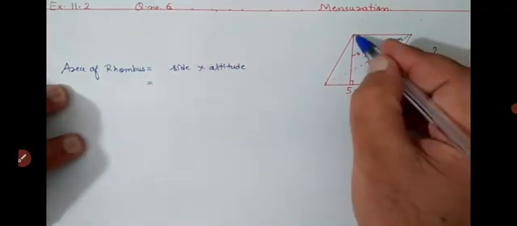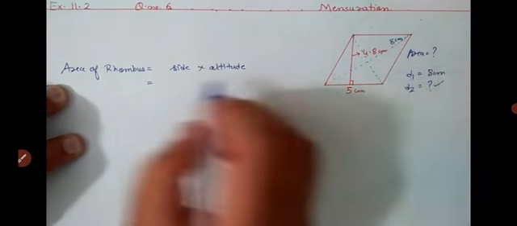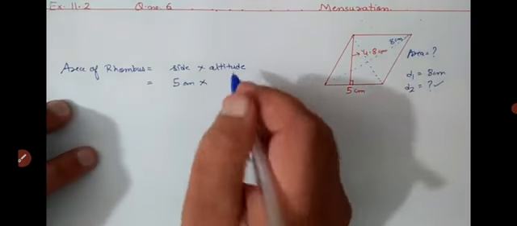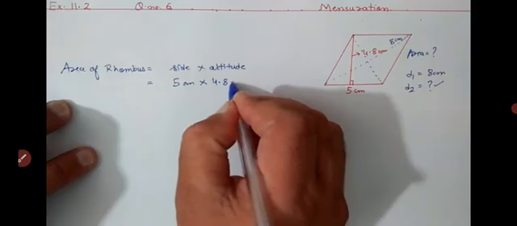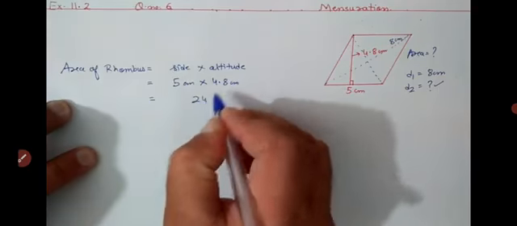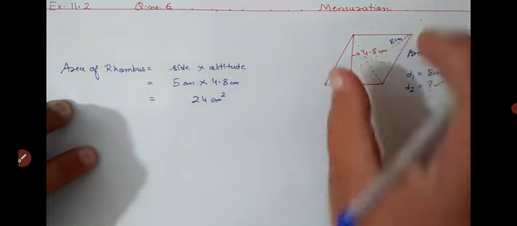Side is given and altitude is also given, so 5 into 4.8. So we can get 24 centimeter square.